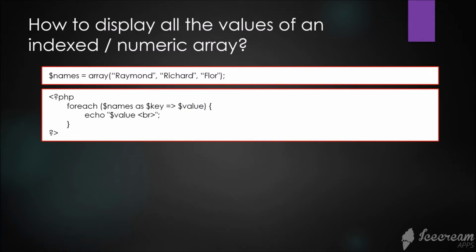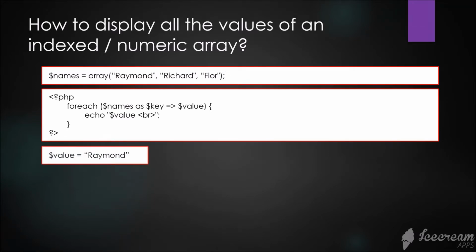Okay, now if you are not yet familiar, guys, with foreach, this is part of the looping statements. If you don't have an idea yet, you can watch my other video that focuses on discussing looping statements. Okay, now let's try to simulate the process.